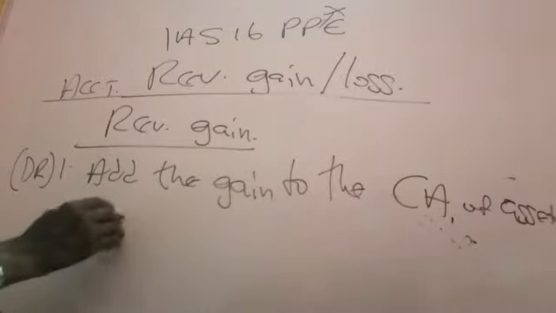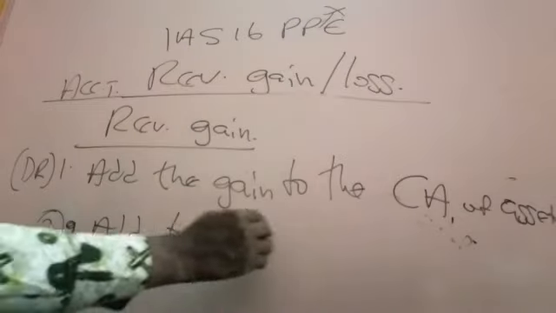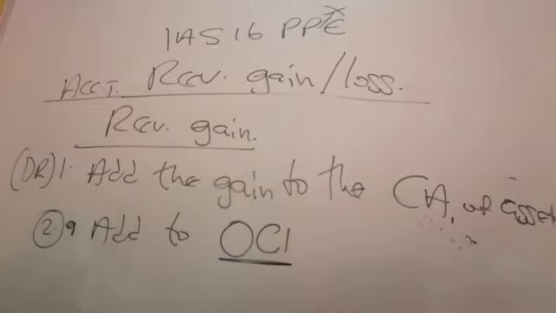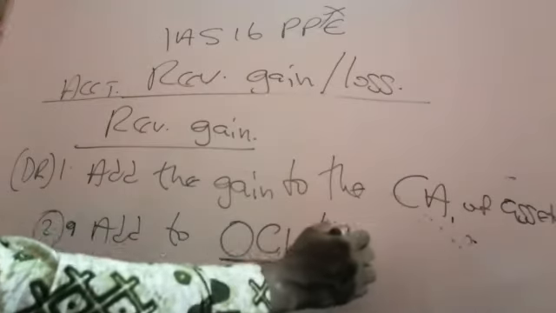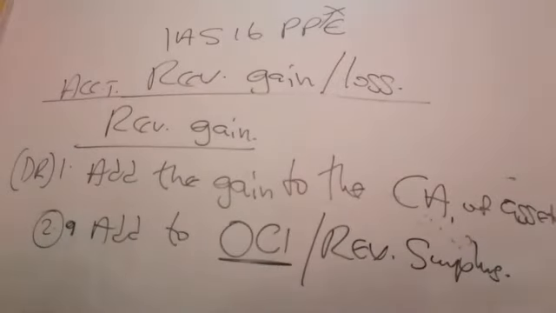So add the gain to the OCI, that's other comprehensive income, in your profit or loss, the other comprehensive income section. Which is the same as what? Revaluation surplus, or the revaluation gain account. Good. So that is the treatment.